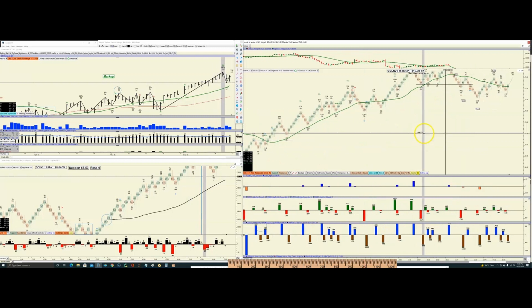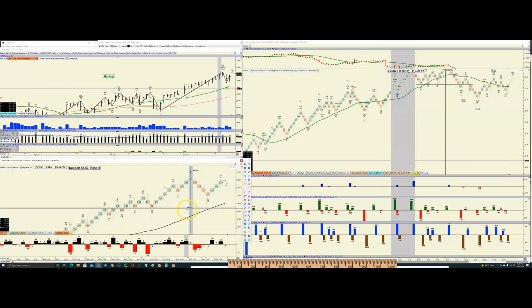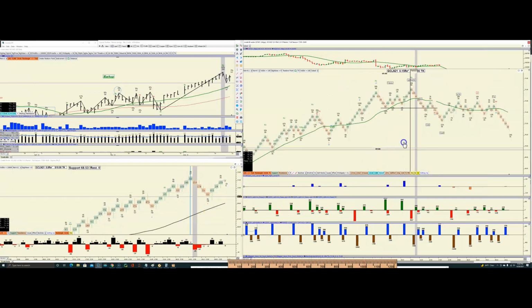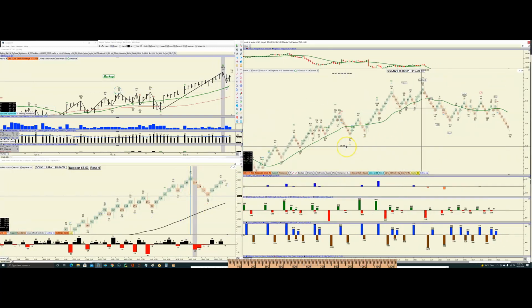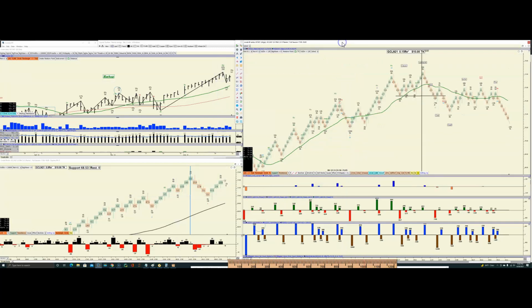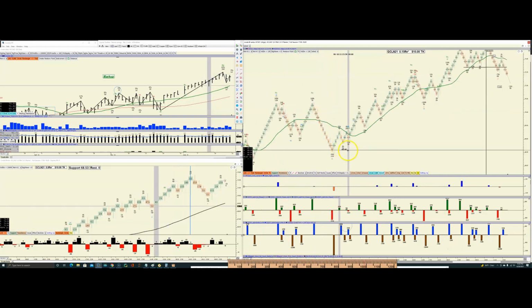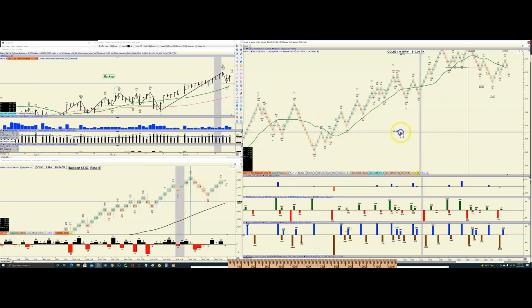So for that, I'm going to go to this chart over here on the right. Alright. So let's take a look at that chart and see what happened.